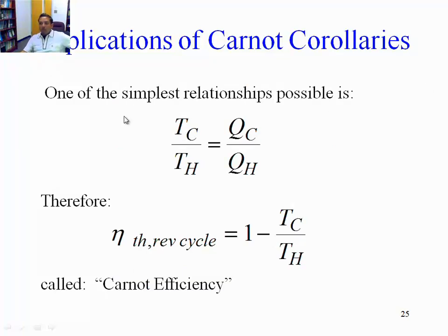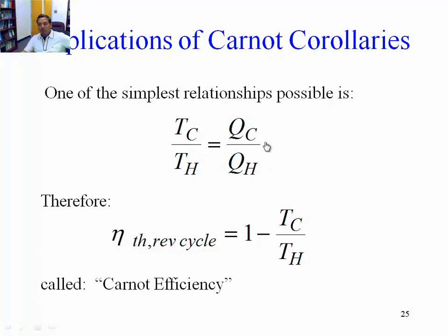So this leads to a very simple relation, although it doesn't actually lead to this relationship. This relationship at this point is just an assumption. We are going to assume that the ratio of temperature cold to temperature hot is equal to the ratio of the heat that we reject to the cold temperature reservoir to the heat that we absorb from the hot temperature reservoir.